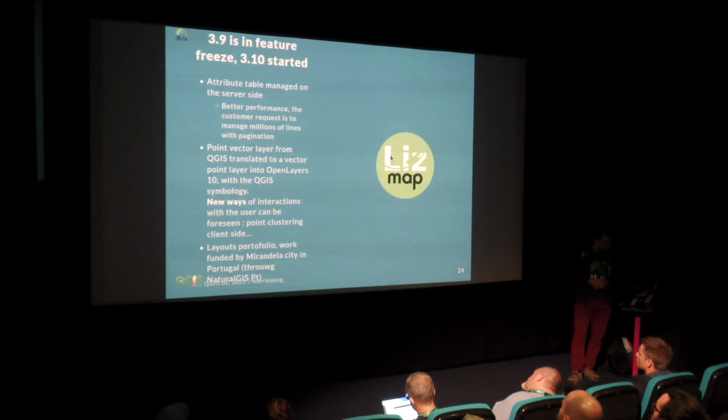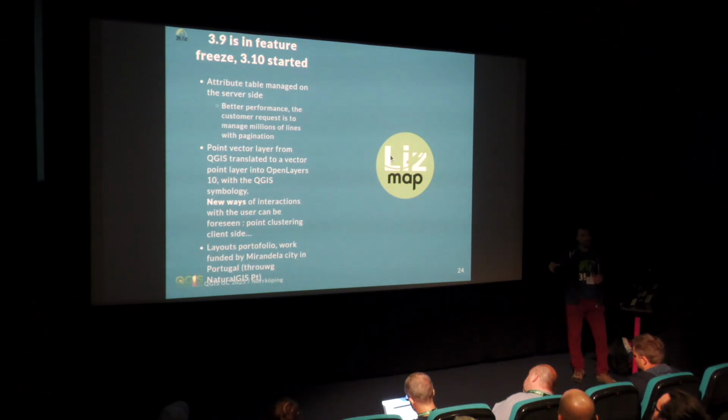We also have a request about not using QGIS Server to render a map as an image, PNG or JPEG, but to rely on a vector layer in OpenLayers. It will allow more features from OpenLayers, like clustering or interactivity when you hover your mouse over a feature. So it's to serve vector data using a vector layer source from OpenLayers.